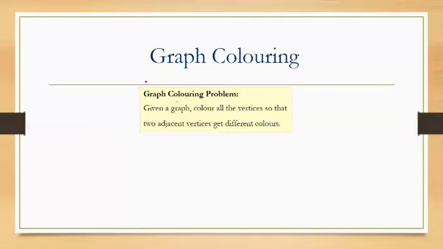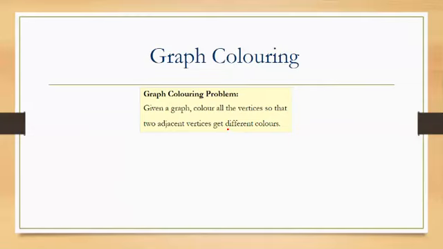A coloring of a simple graph is the assignment of a color to each vertex of the graph so that no two adjacent vertices are assigned the same color, or so that two adjacent vertices get different colors.